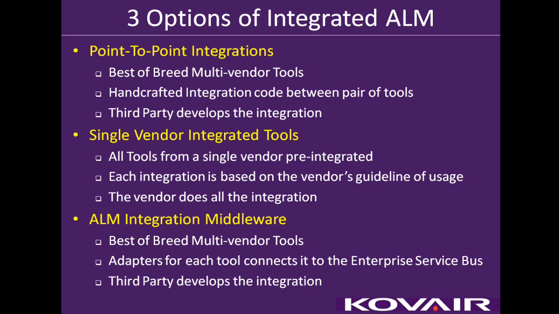And here you can still integrate the best-of-breed existing tools, but you are not creating a point-to-point integration. Here, for each of these tools, there is an adapter for connecting that particular tool to the middleware. And once that particular tool is connected to the middleware, all the other tools which are connected to the middleware become integrated with that tool. That is the beauty of this middleware architecture.